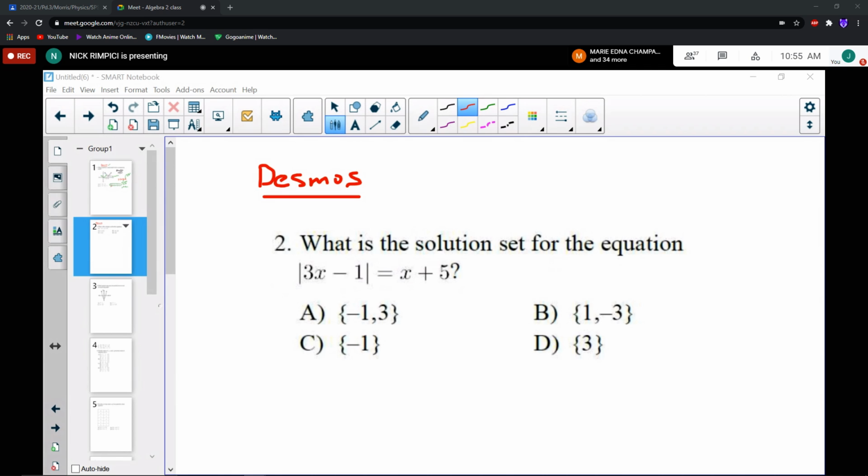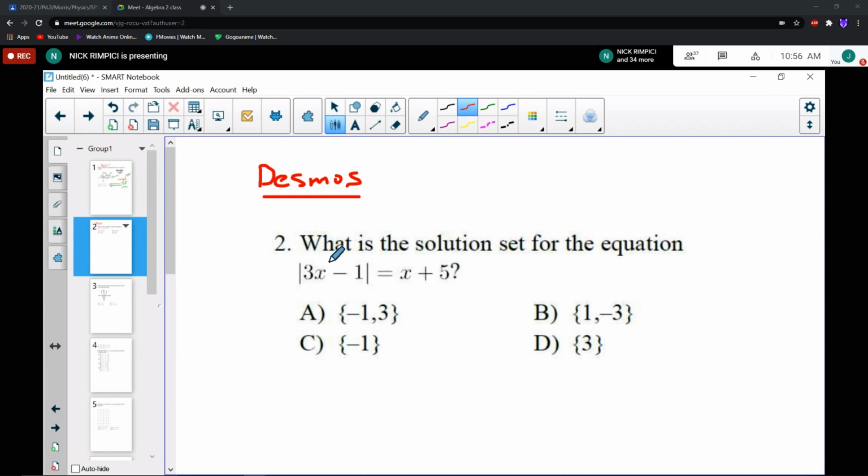Yeah. Let me graph them both, and then you tell me what you think the values are. Let's graph this and this in the computer, and then you tell me what the solution should be based on what we see. So I have the absolute value of 3x minus 1, and then x plus 5.